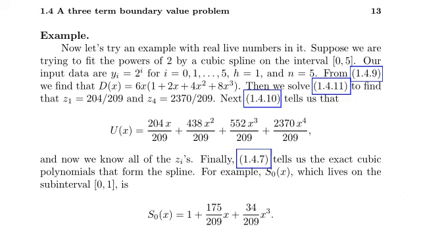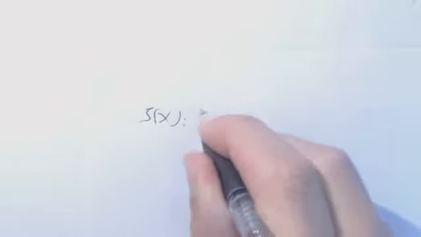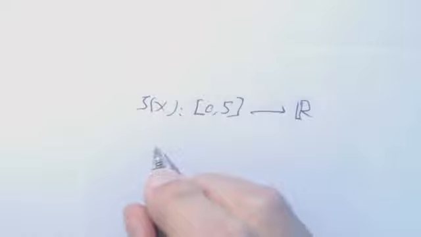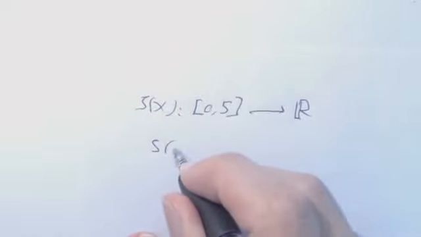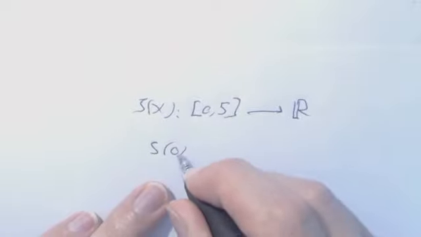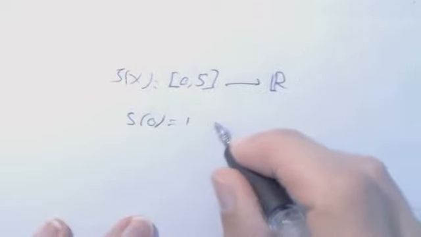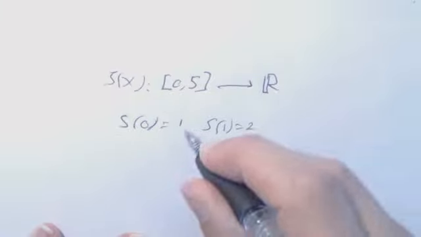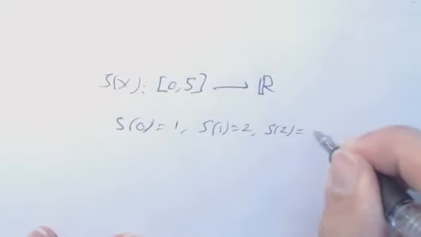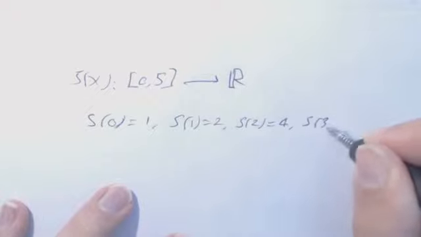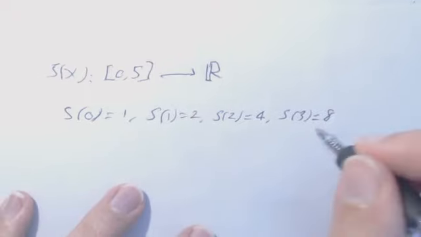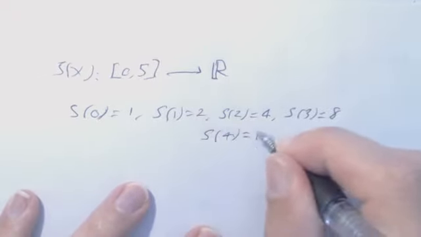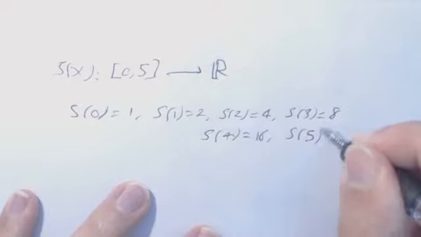So we're going to want a function s x from 0 to 5 to the real numbers, such that, using the integers, h being 1, s0 equals 1, s1 equals 2, s2 equals 4, s3 equals 8, s4 equals 16, and s5 equals 32.